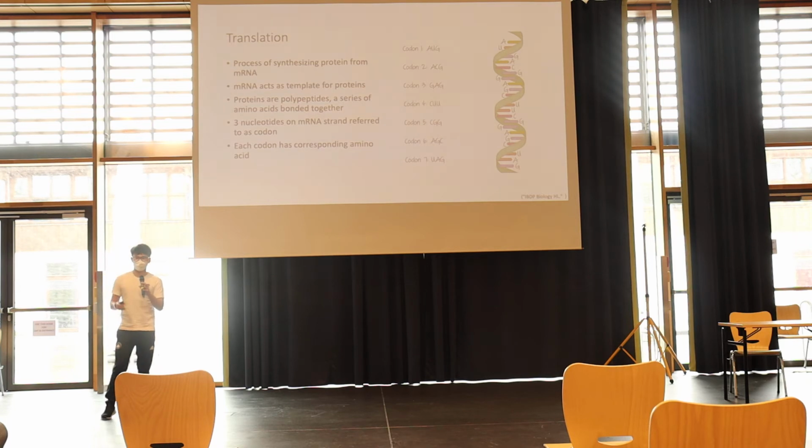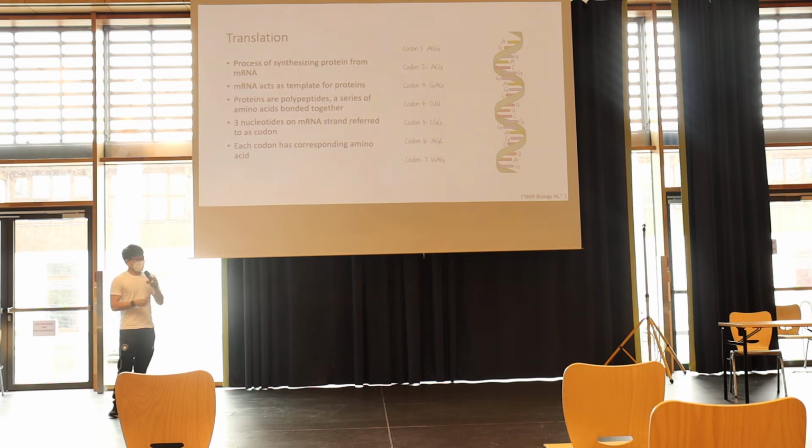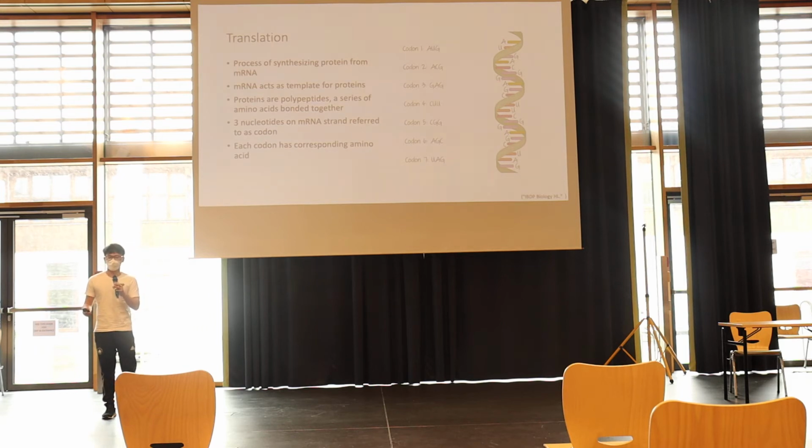The mRNA acts as a template for the protein to be synthesized on. And what proteins are is a sequence of amino acids which are bonded together. On the mRNA strand, 3 consecutive RNA nucleotides are called a codon, and each codon has a corresponding amino acid.